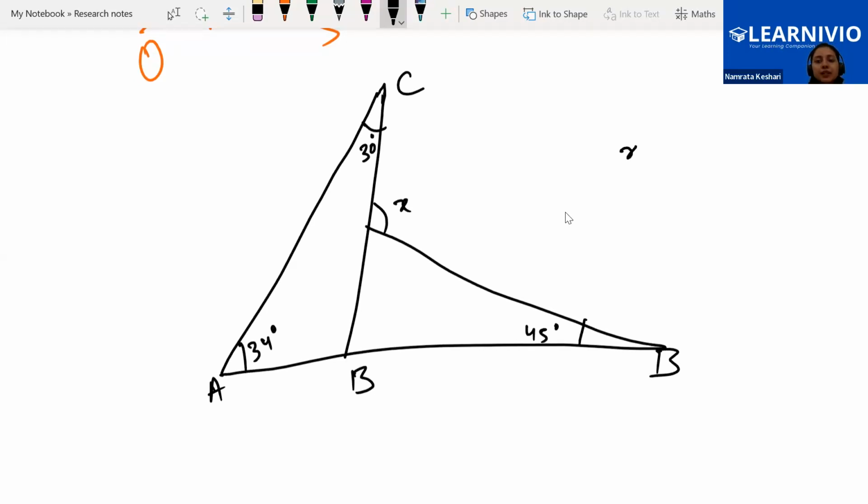Here we have to find x. Let me check whether I have given all the information or not. Anyway, you have to use the concept which you already know and find the angle x over here. Try it. Copy down the question.